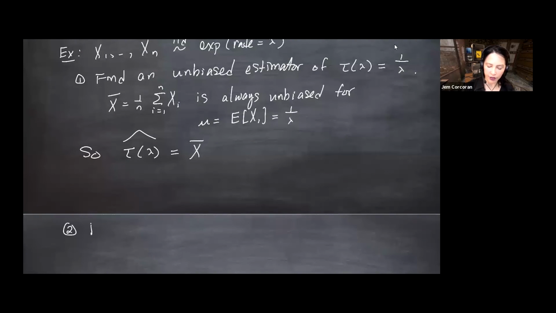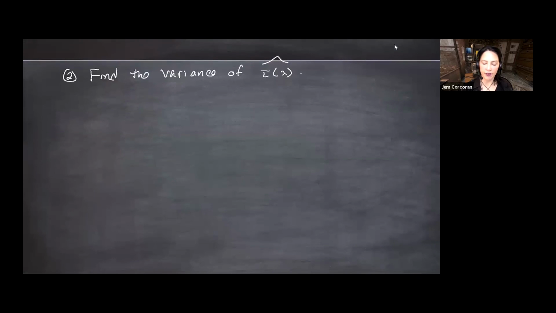So part 2, let's find the variance of the estimator from part 1. So tau of lambda hat. And don't make too much work out of this.